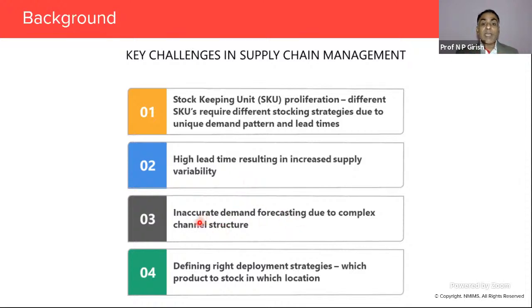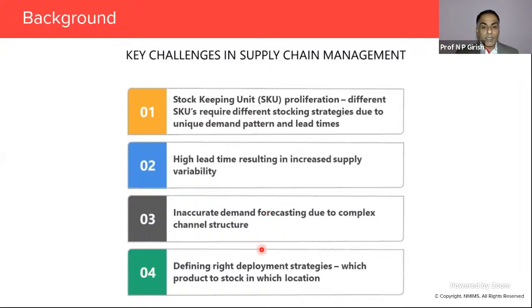And another thing is inaccurate demand forecasting due to complex channel structure. Apply it again to the beer game, because there is no visibility, there is no communication in the channel structure. There is inaccurate demand forecasting happening. Demand will be quite fluctuating, right?